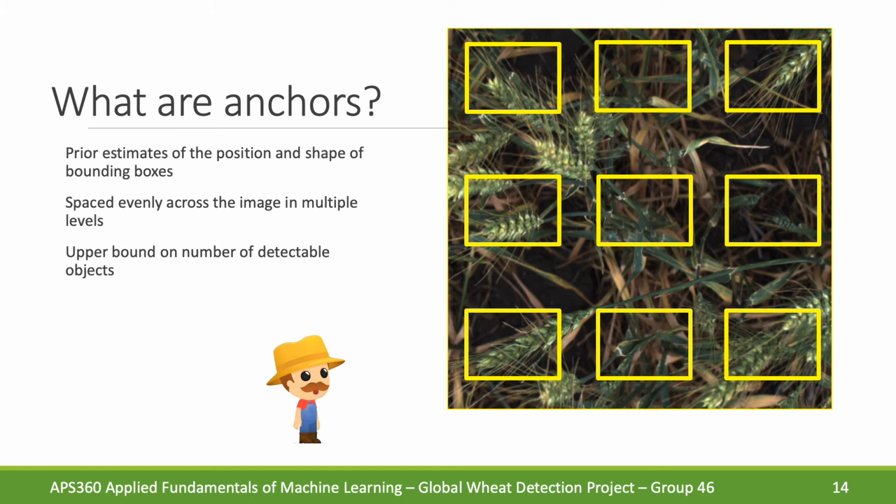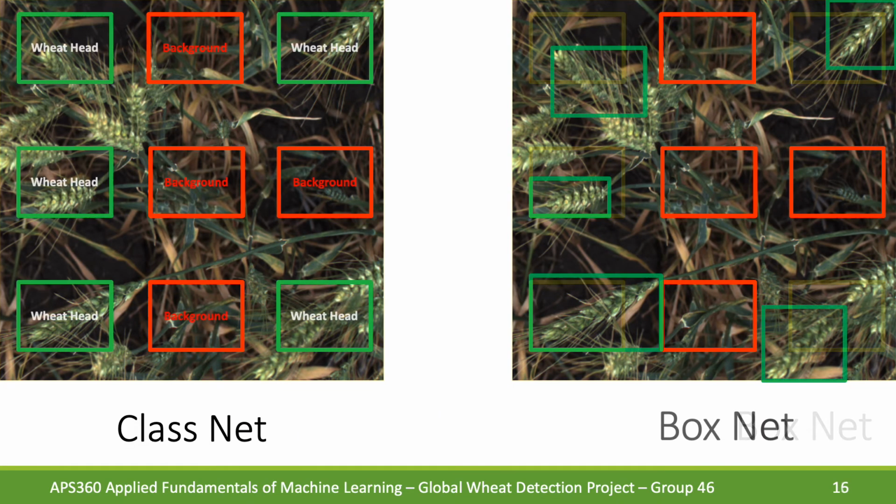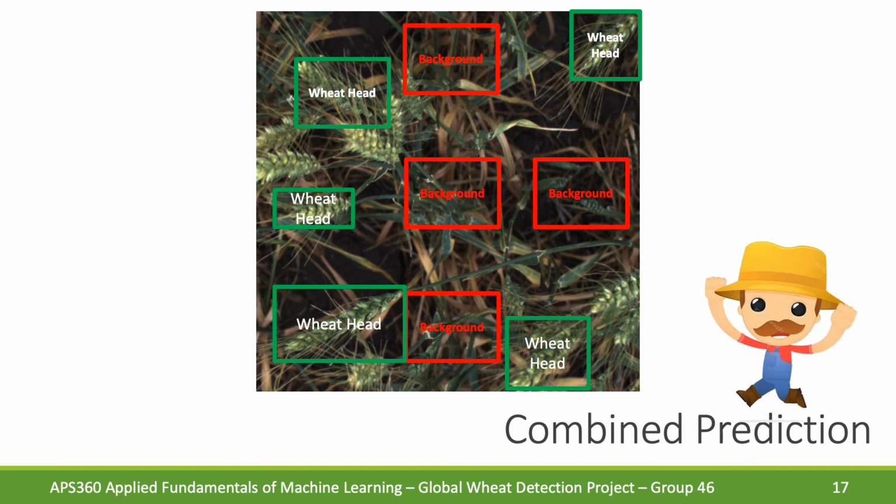BoxNet and ClassNet look at each of these anchors and perform predictions. As seen, ClassNet predicts the label of each anchor, whilst BoxNet detects the relative offset of each anchor. When combined together, this is what the prediction looks like. One thing to note, since the offset of the background anchor is irrelevant, it is not shown here.